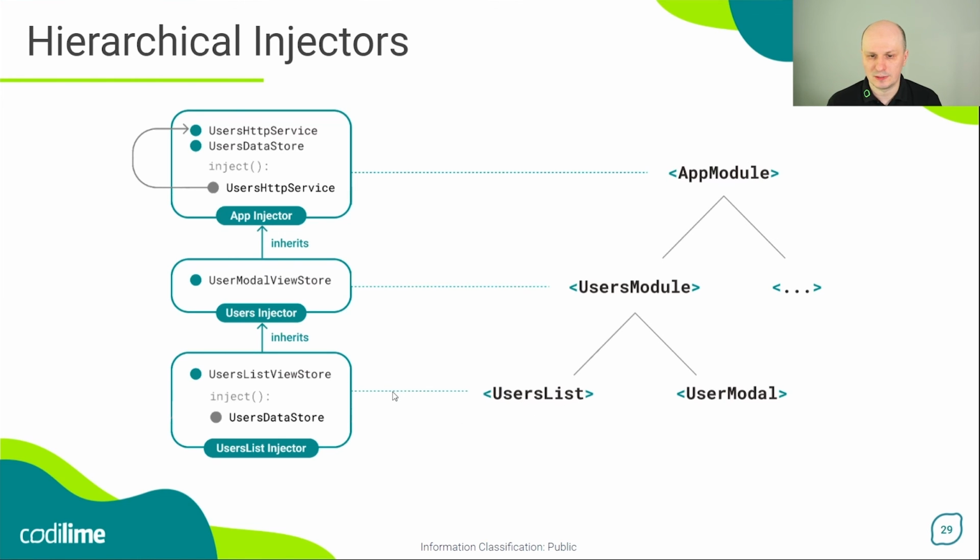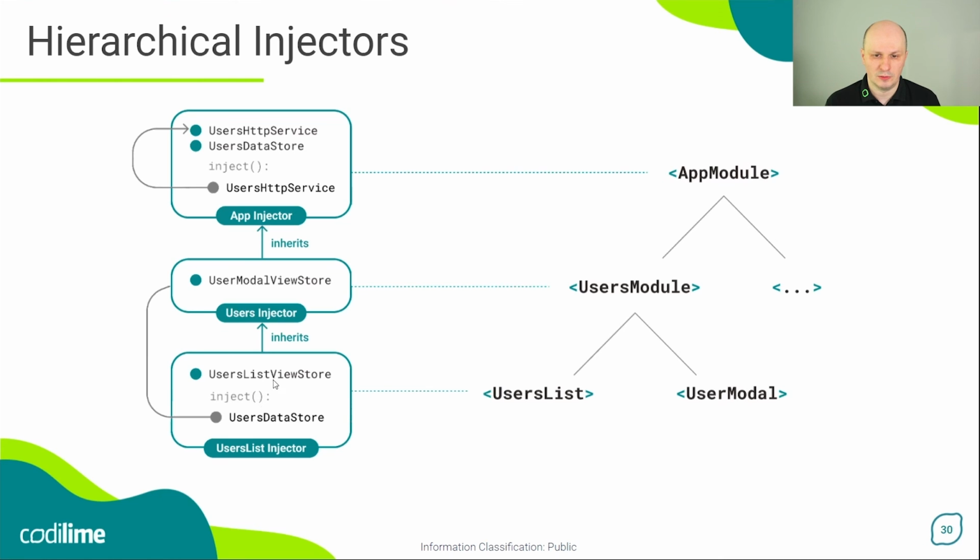And on the users list, I provided the users list view store, which wanted to inject users data store. So the injector, using the React context API under the hood, tries to find the upper injector.